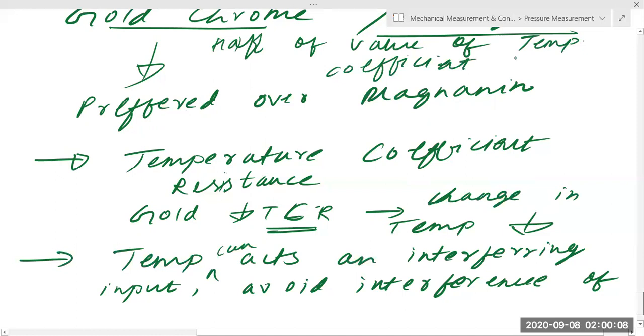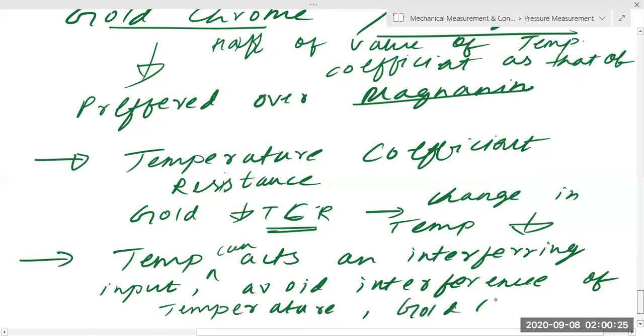Simple. I'm trying to keep it simple. Now, to avoid temperature acting as an interfering input, what material is preferred? Gold chrome is preferred over manganese. So this is the preferred material.